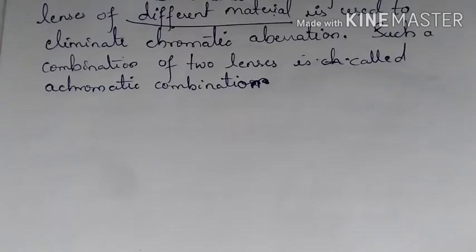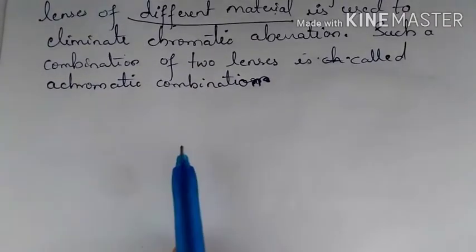If both the violet rays and the red rays meet at a single point, the chromatic aberration is eliminated.